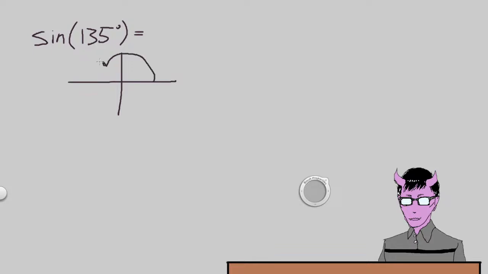So it's like this. That's our reference triangle. So we don't even need to do the properties for this particular problem. So we can get the ratio right away. It's going to be, whoops, positive 1 to negative 1 to root 2. We don't care about this one though. So the answer is root 2 over 2.